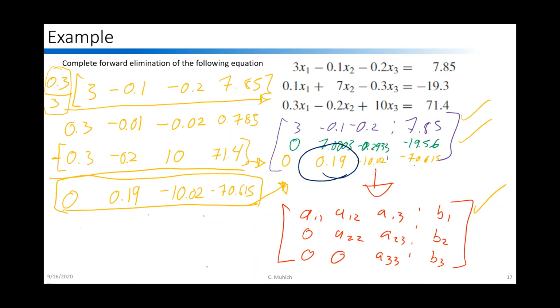So let's think about what we can do for a second. I can't use row 1, right? Before I subtracted row 1 from row 3. But if I do anything with row 1, I'm going to end up changing that 0 in that first column, which I don't want to do. I like that 0 being there.